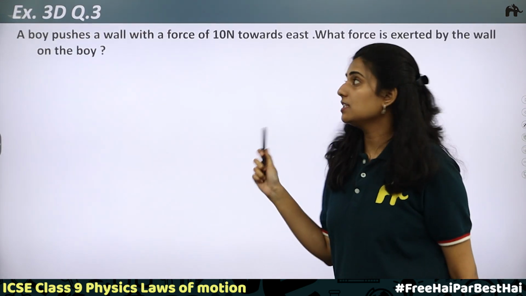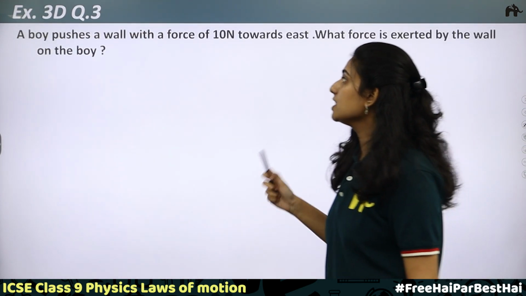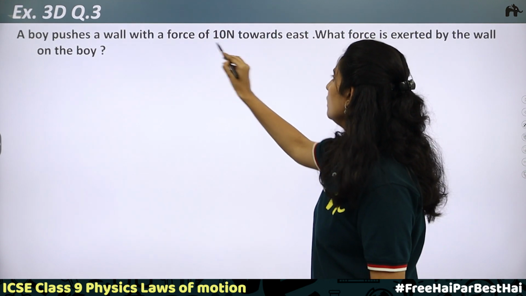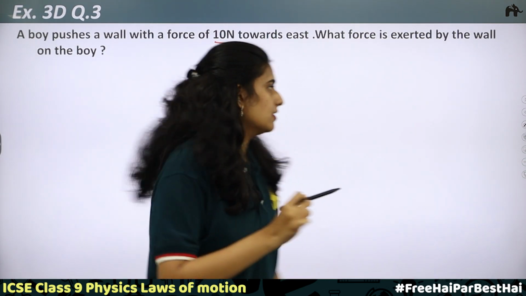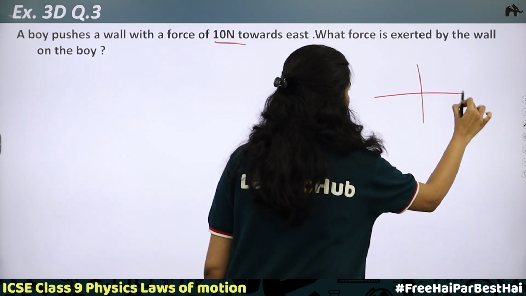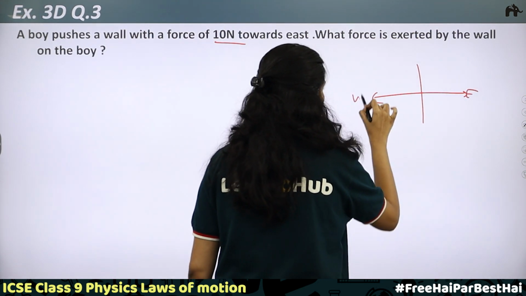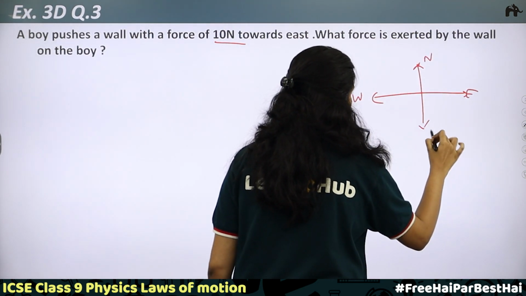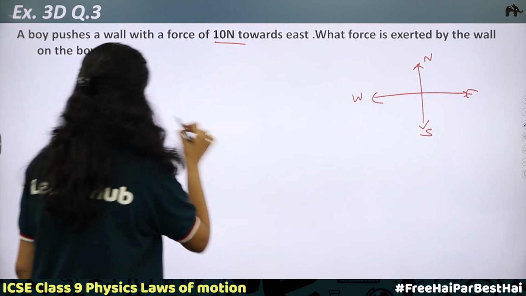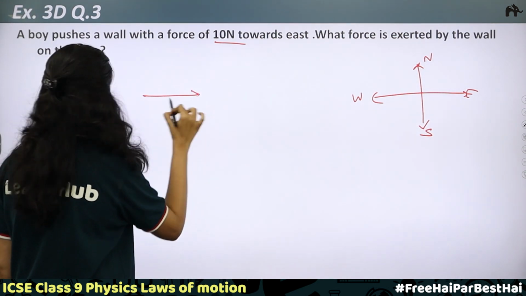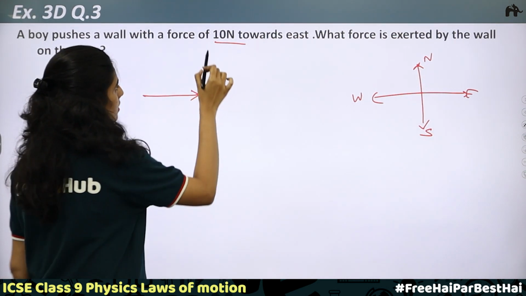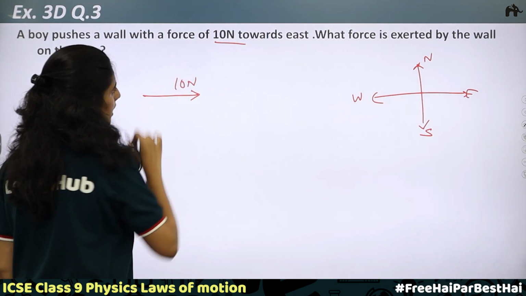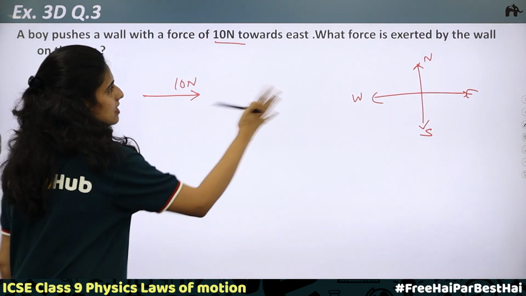Clear? Question number 3 of exercise 3D. A boy pushes a wall with a force of 10 Newton towards east. Here we have east, west, north, south. The boy is applying a force on a wall of 10 Newton towards east.